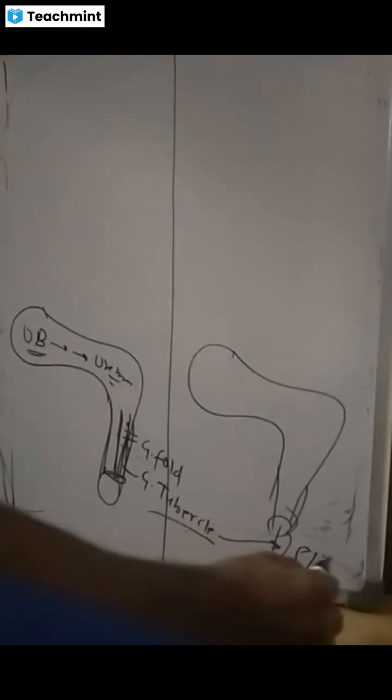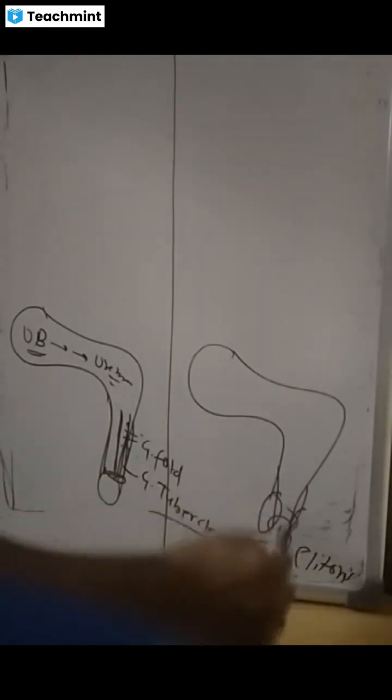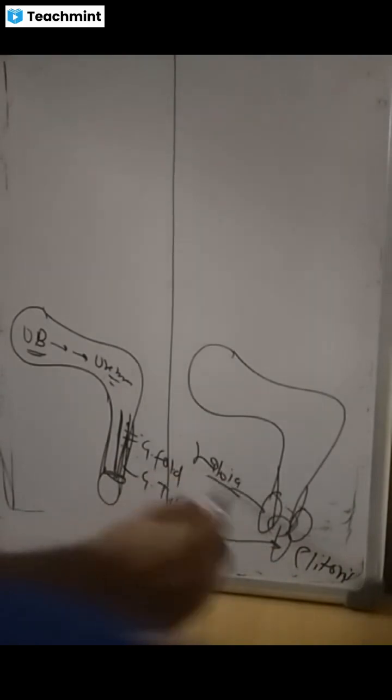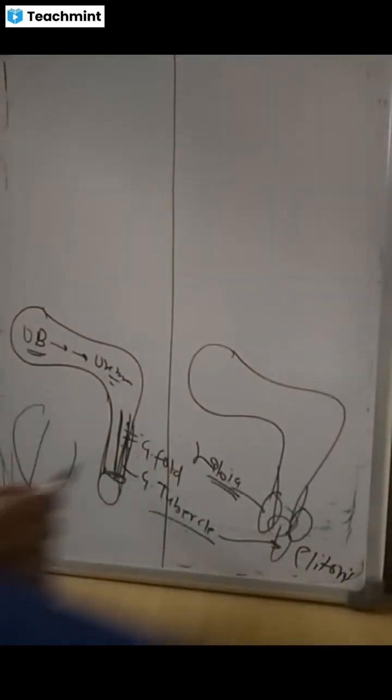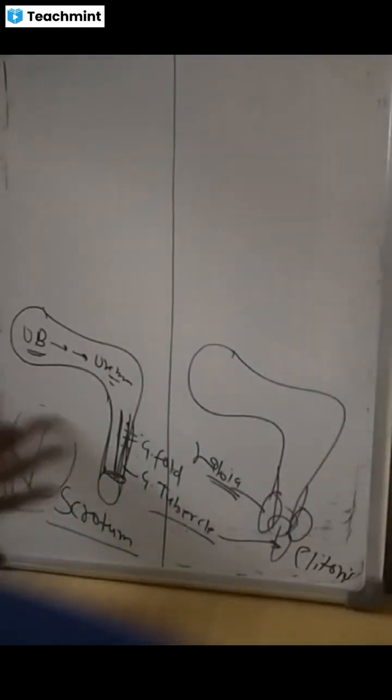Clitoris. From the fold, what is formed here? That is the labia. What is left here? These genital swellings which form in the male, they will form the scrotum. But in female, they will disappear. Nothing will form.